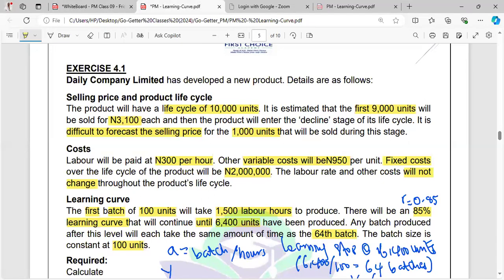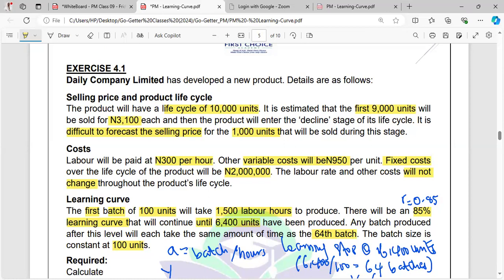So we know the measure of A is in batch. That's the unit of measure. Then the value is in hours. So we usually say hours per batch. We look for our B. We found B, right? Because R was given, and we use it to look for B.